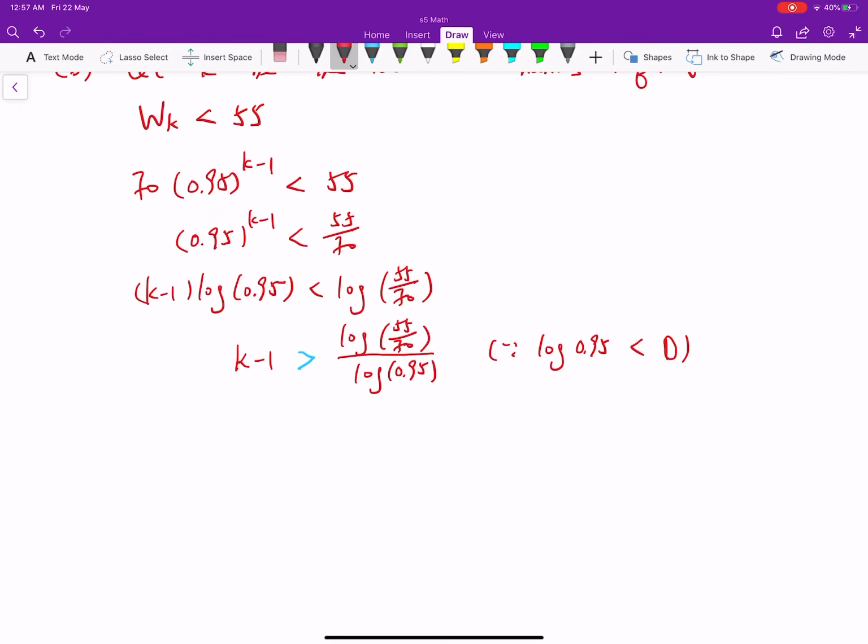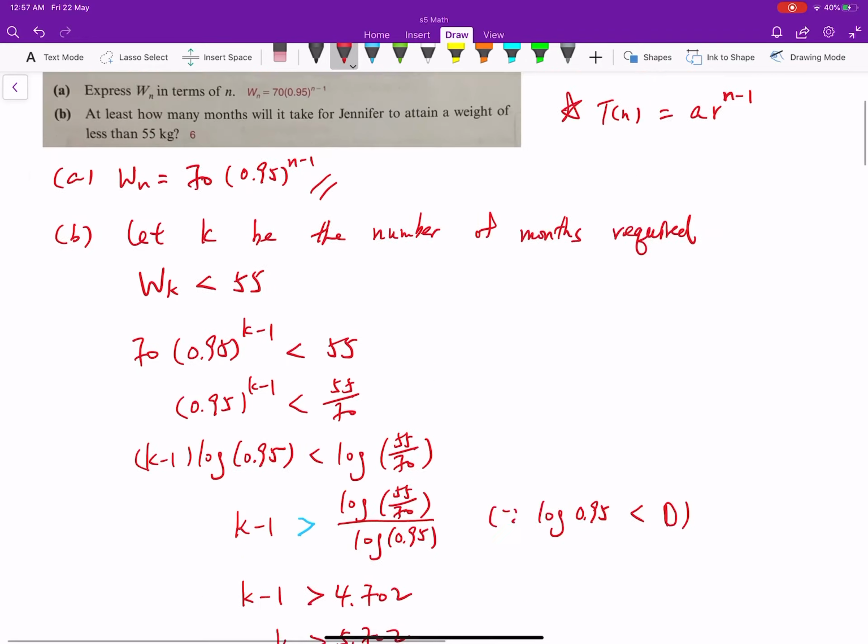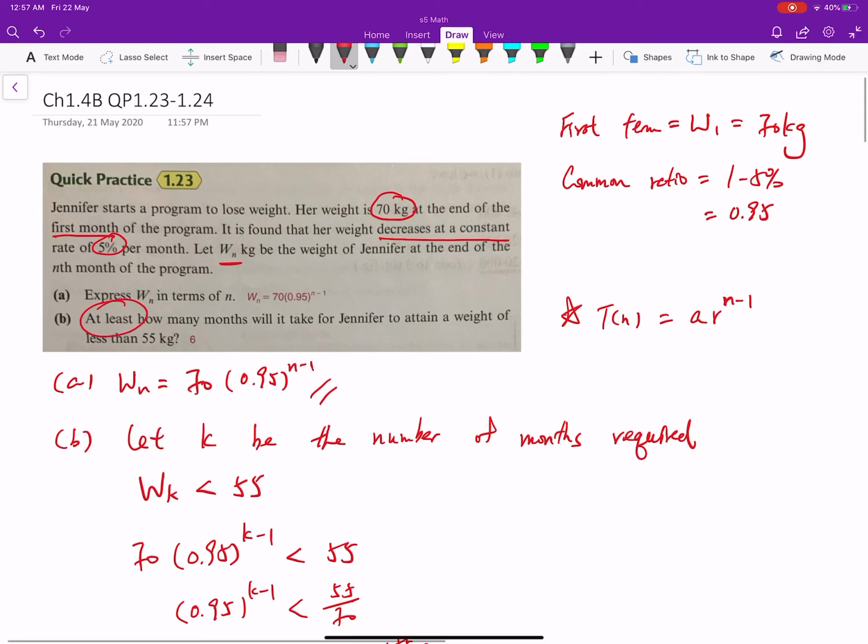Okay, and then you may find this is 4.702. And then k is greater than 5.702. So at least 6 months is needed, for the conclusion. Okay, just at least how many months, right? So at least 6 months.